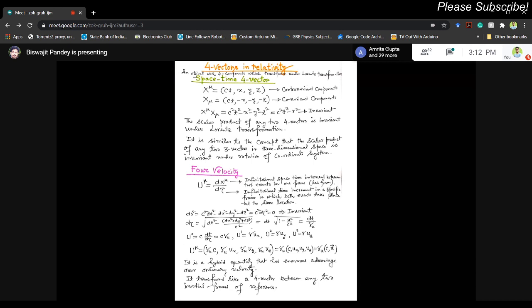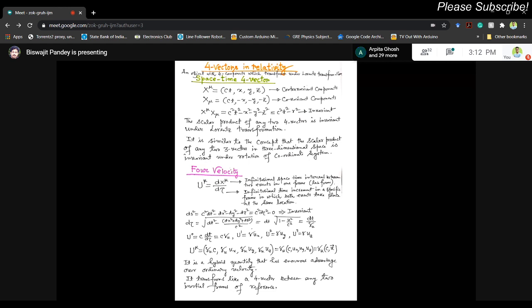Here, when you set the definition, remember the definition clearly, then only you can answer this question. How was the definition set? You see, dx mu was the infinitesimal space time interval in the lab frame, and d tau was the proper time in the particle's frame.